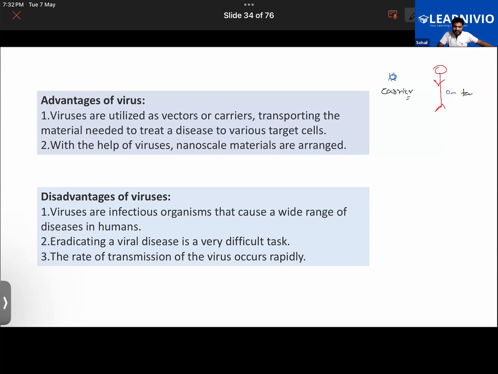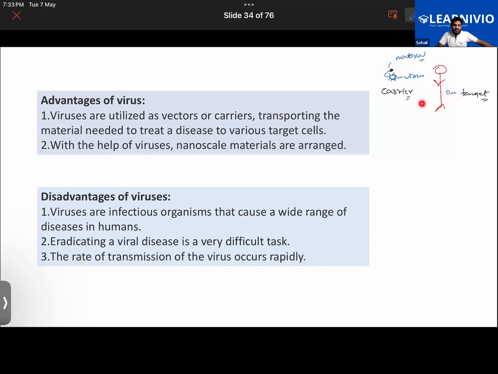This is the target cell where I want to provide that material. Let's say this is the material that will get attached to the body of this virus. I'm explaining it in a very simple manner, although this is not how it goes, it's quite complex. So this material gets attached to the body of the virus, and now the virus will go to that particular organ where it is required. In this manner, it will help to cure the disease.